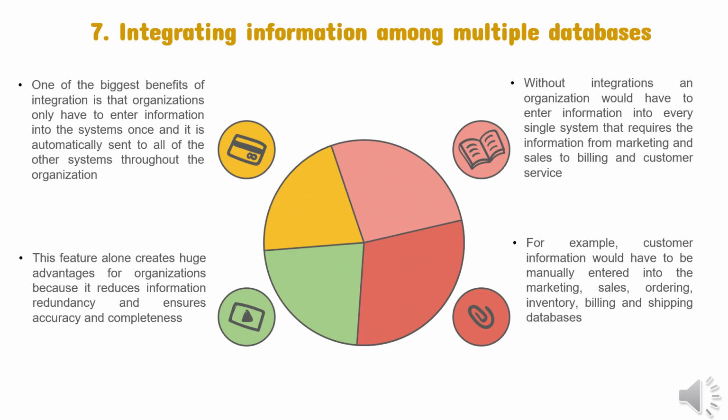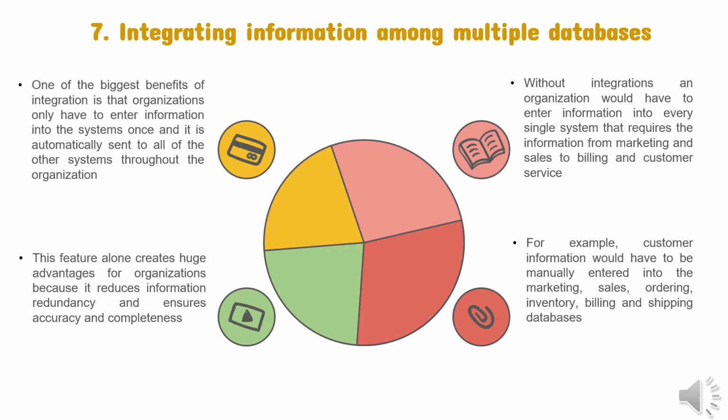The next one, we will look at integrating information among multiple databases. One of the biggest benefits of integration is that organizations only have to enter information into the systems once and it is automatically sent to all of the other systems throughout the organization. This feature alone creates huge advantages for organizations because it reduces information redundancy and ensures accuracy and completeness.